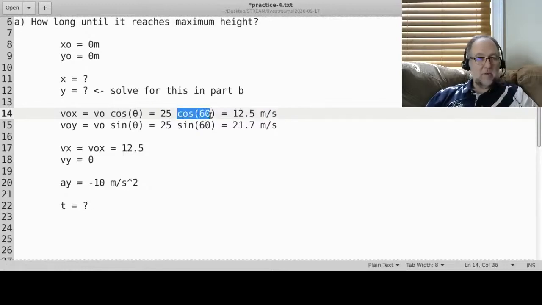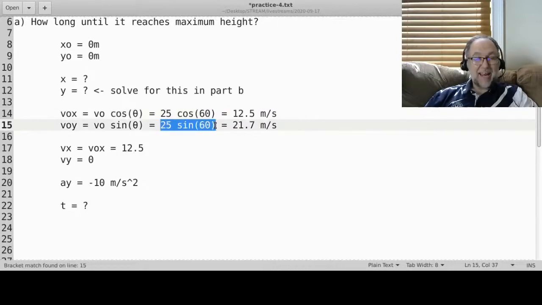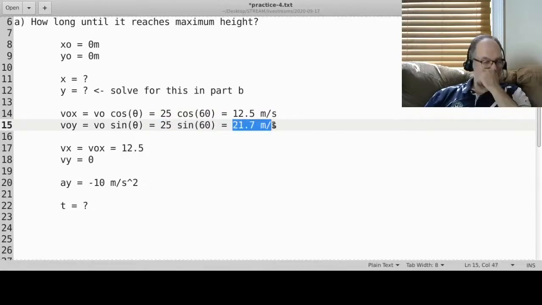By the way, cosine of 60 degrees is one of these values that you should memorize. Cosine of 60 degrees is a half. Sine of 30 degrees is a half. You'll see sine of 30 and cosine of 60 quite often, and they're both equal to a half. So 25 cos 60 is 12.5, and 25 sine 60 is 21.7.